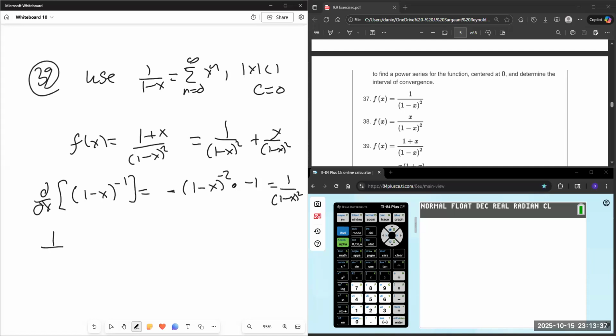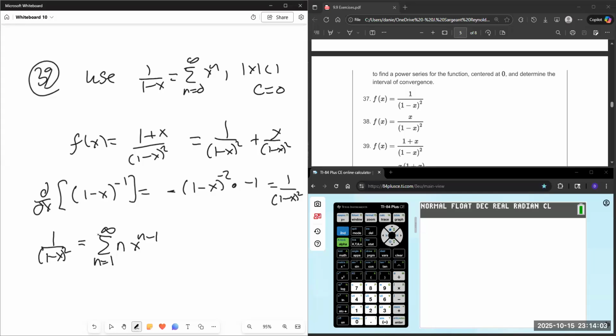And so that means 1 over (1 minus x) quantity squared is going to be equal to the derivative of this side, as summation n x to the n minus 1. Well, I need to start at the 0 power here. I can't have a negative exponent, so I have to bump my n up from 0 to 1 for that to work.